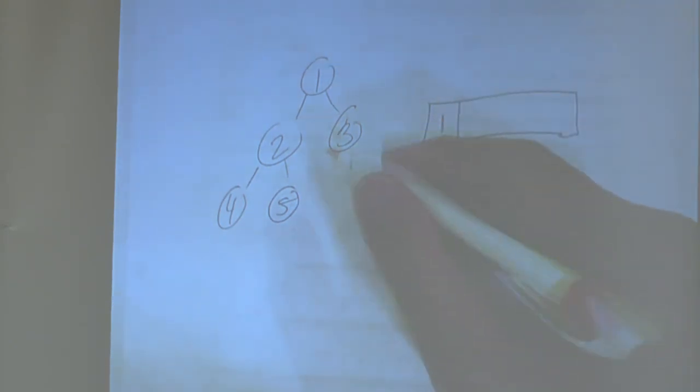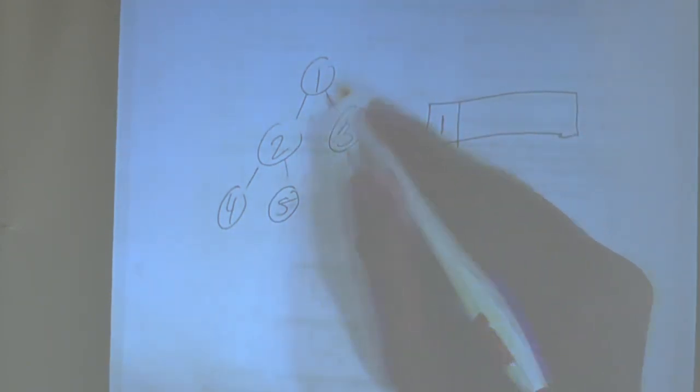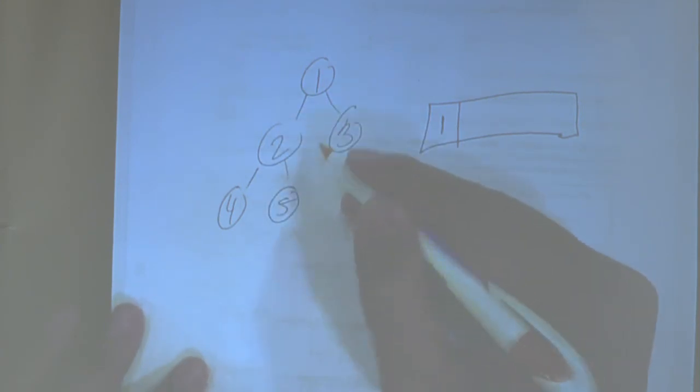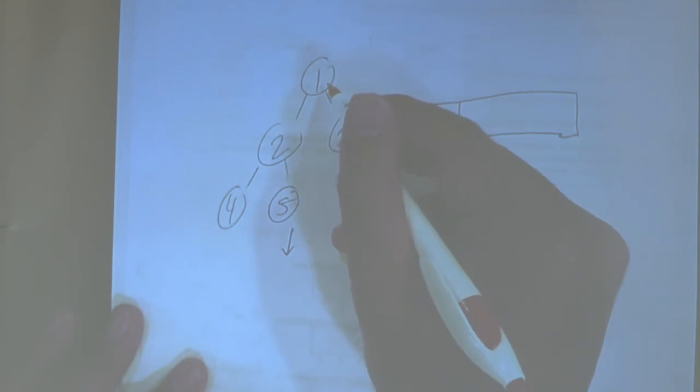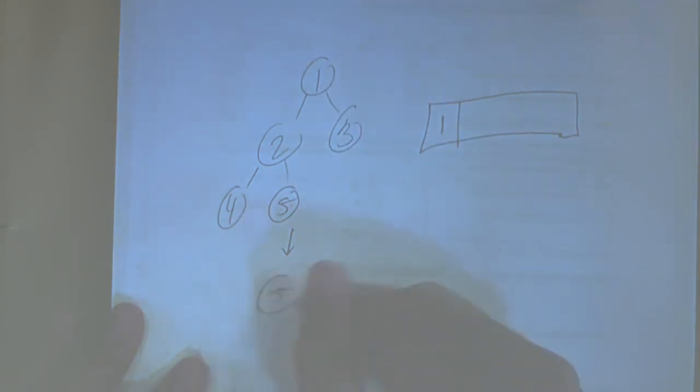After calling delete min, we need to delete min actually. So you have to delete this. We take the rightmost leaf and swap it with the root. So it'll be here.